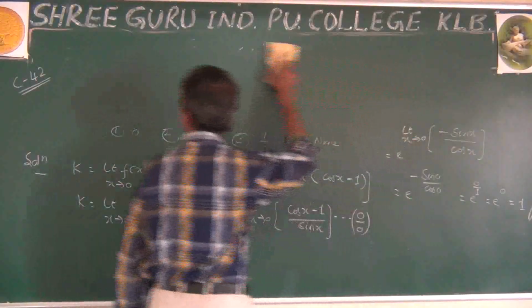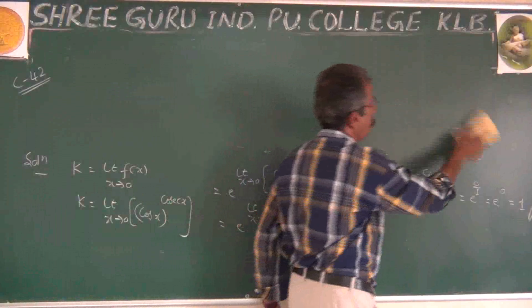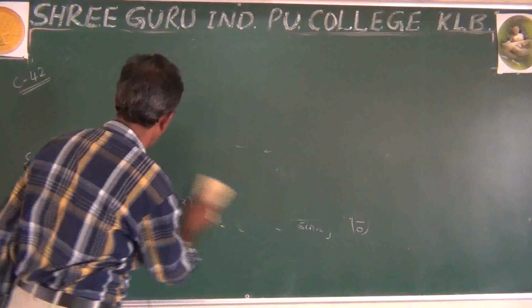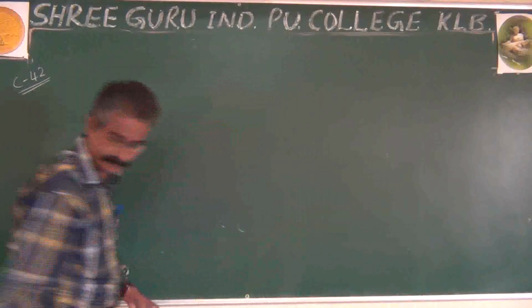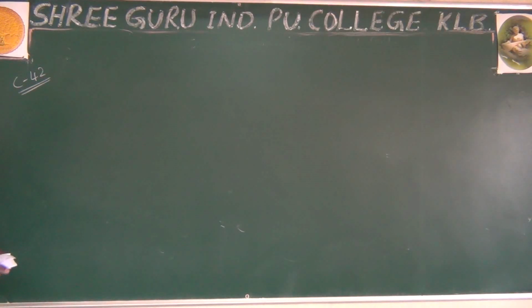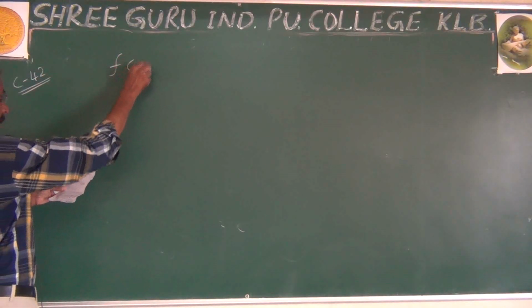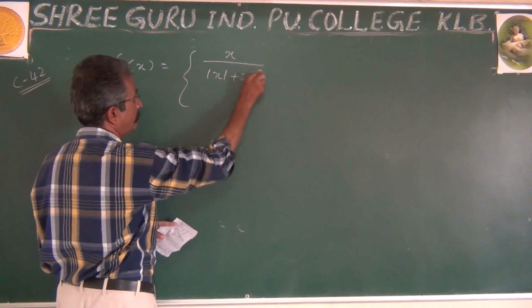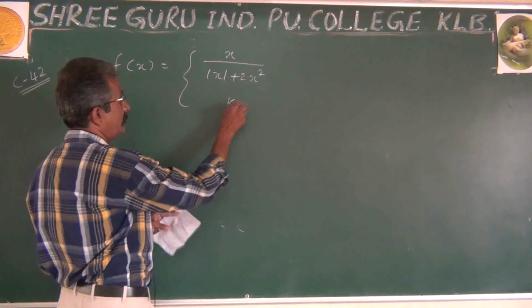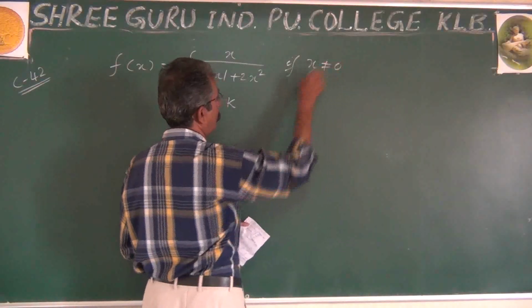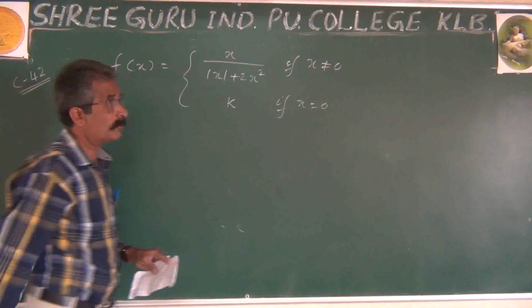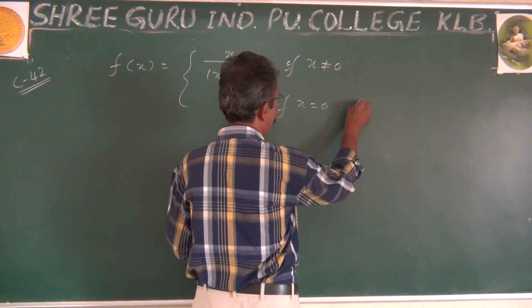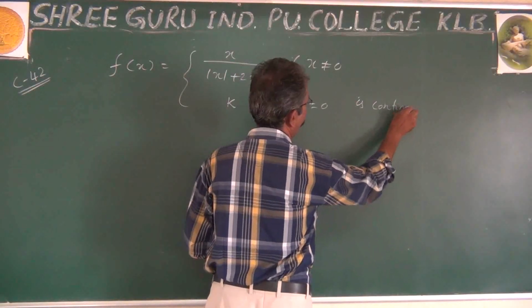Another question. For what real value of k is the function f(x) equals x divided by mod x plus 2x square, if x not equal to 0, and k if x equal to 0, continuous?